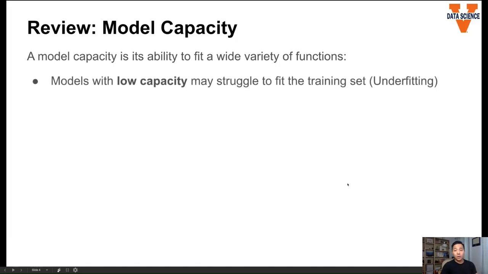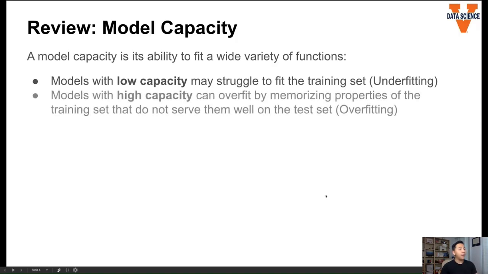A model with low capacity may underfit or have difficulty fitting the training set, while a model with high capacity tends to overfit, memorizing all the training instances, so it will not serve well on the test set. A neural network with very high capacity can easily overfit the training data set if we're not careful.